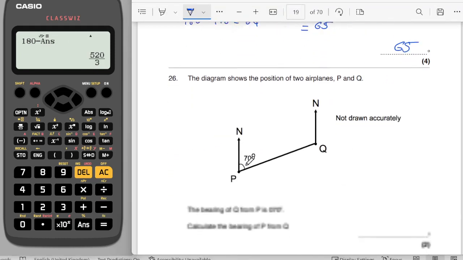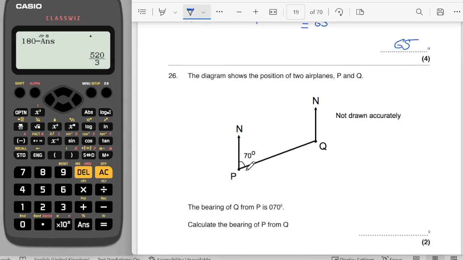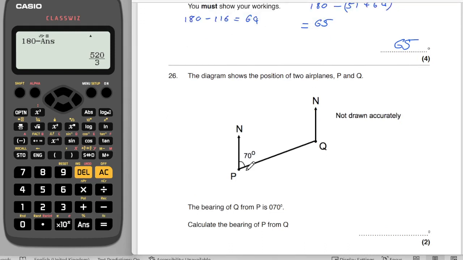So question 26, the diagram shows the position of two aeroplanes P and Q, and it says not drawn accurately. The bearing of P from Q is 070. Calculate the bearing of Q from P. So in effect, I want a bearing which is a 3-figure. I want that angle. To make that easier for myself, I'm going to work out that angle. That's going to be called a supplementary angle.